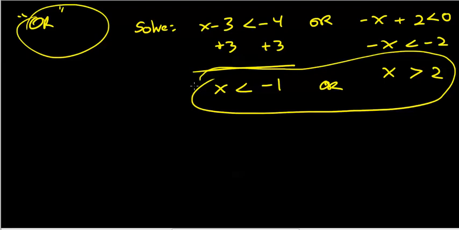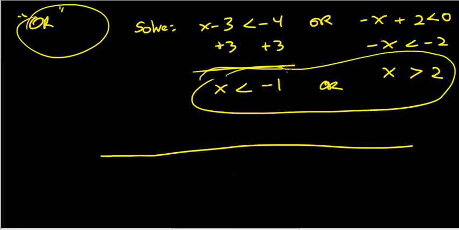I want all x values that are less than minus 1 or greater than 2. So typically in this or situation, I end up with two broken, disconnected intervals on the number line. Let's look at the left-hand branch. If x is less than minus 1, that means to the left of minus 1.